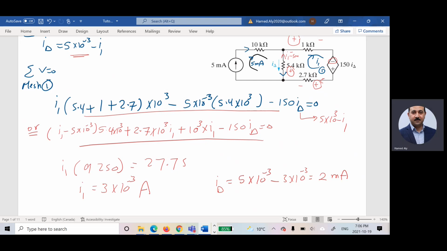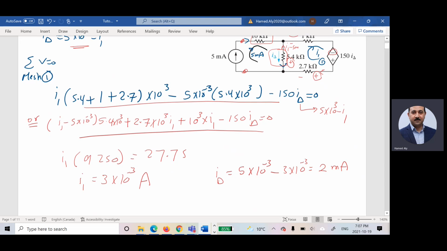Once you calculated I delta, solving the problem became very easy because you will need to find the voltage between these 2 points for finding the power in this guy. So the voltage between these 2 points is equal to this voltage plus the voltage across this guy, right?